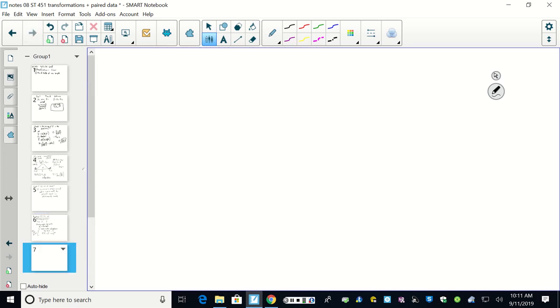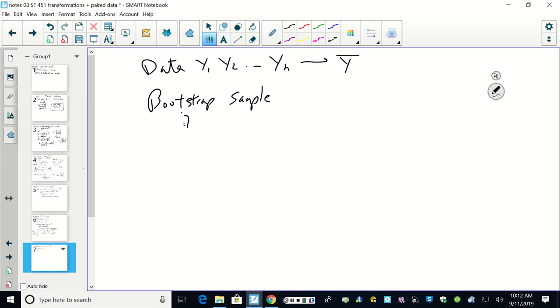So we have our original data, y1, y2 to yn, and that gave us a y bar. And then we have bootstrap samples. Out of these, we're just going to record the averages at a whole bunch of different times, say capital B. And so we could look at the standard deviation of these y bar star b's.